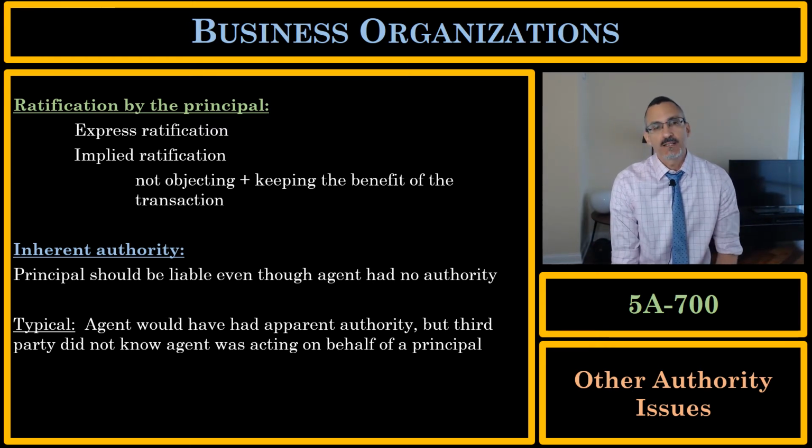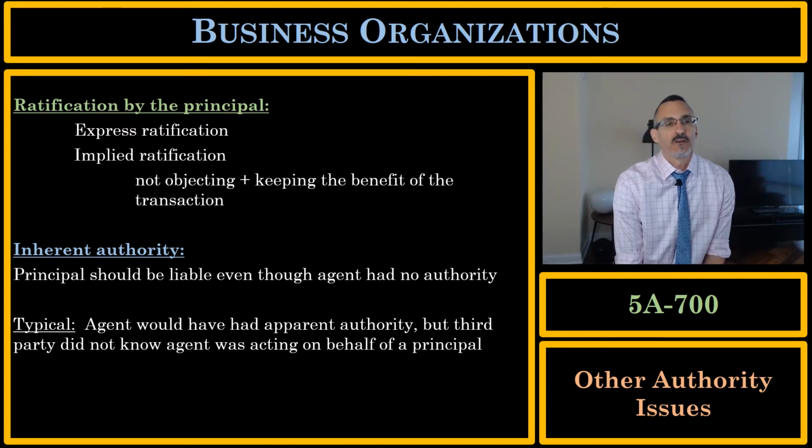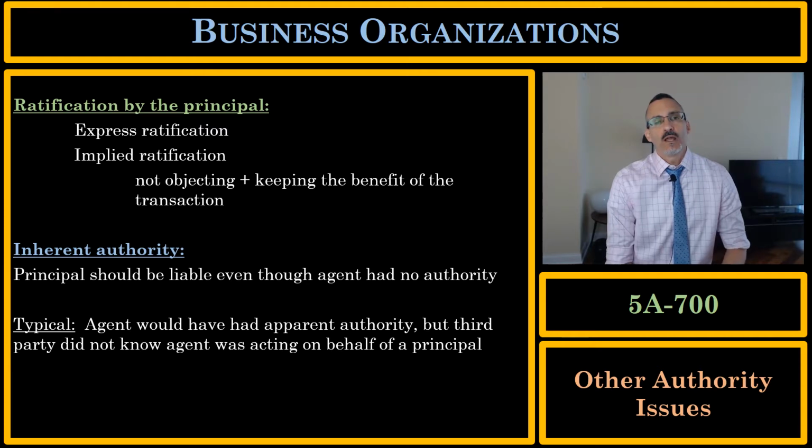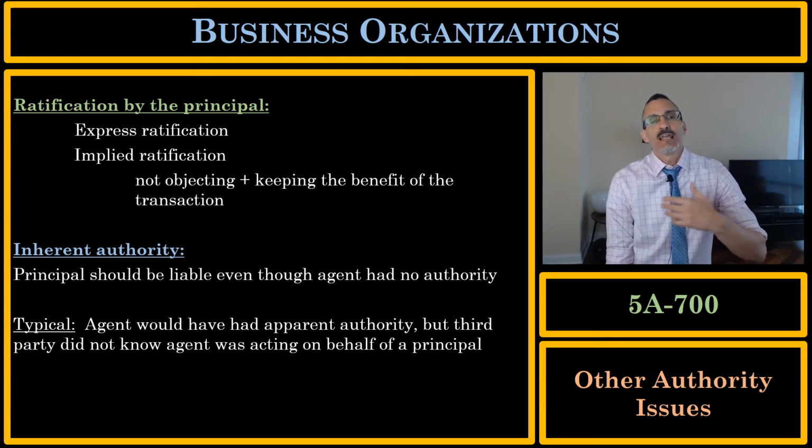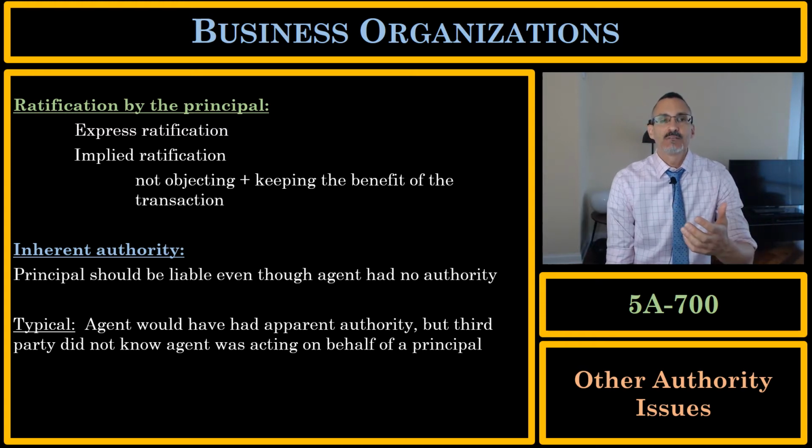So typically, when does this happen? When does a court use the doctrine of inherent authority? Well, it's typical when the agent would have had apparent authority, right? The third party would have been reasonable in believing that the agent had authority, except the third party never knew there was a principal. When the third party was dealing with the agent, the third party thought the agent was the principal.